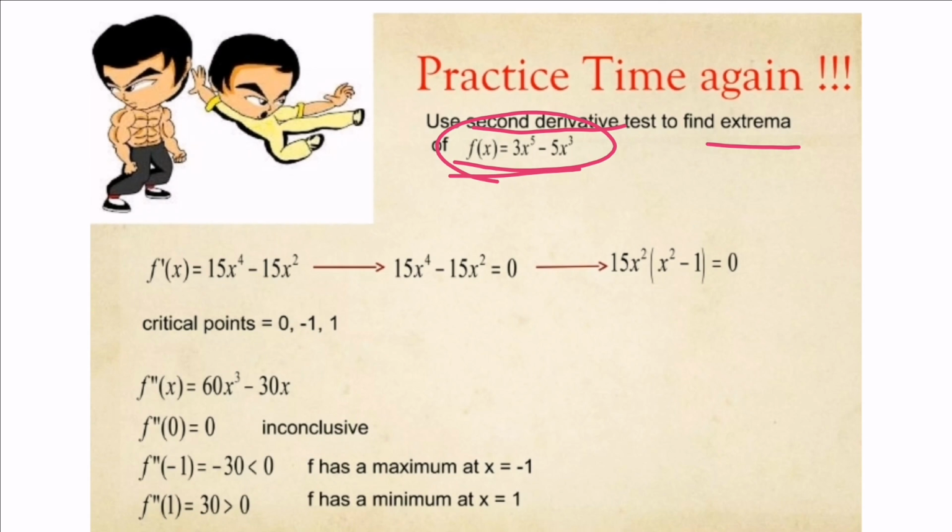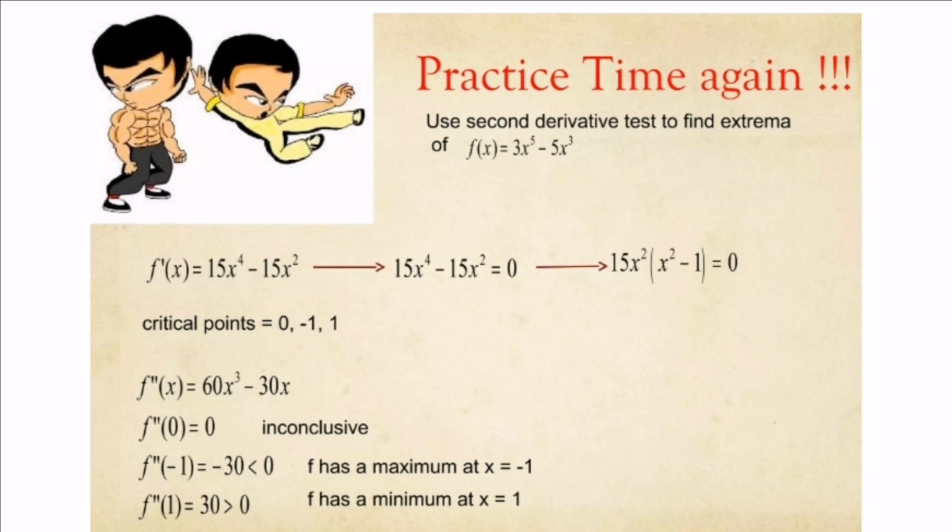Now by taking the derivative of this function, 3x power 5 becomes 15x power 4 and minus 5x power 3 becomes, by the power rule, minus 15x power 2.